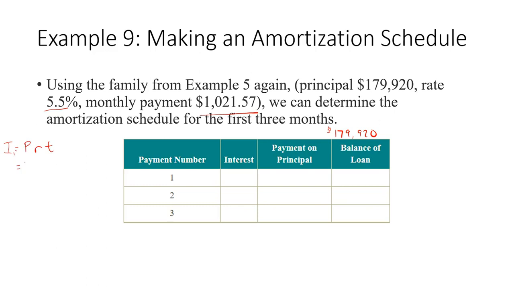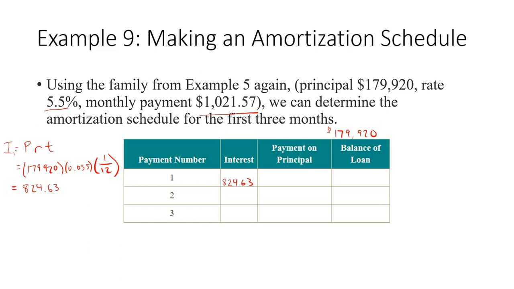The principal here, 179,920. The rate is 0.055. And remember, for t, we're going to use 1 over 12. That gives us an interest amount for that first month, 824.63. And so that's what we'll put here.